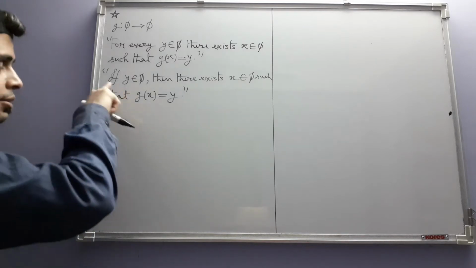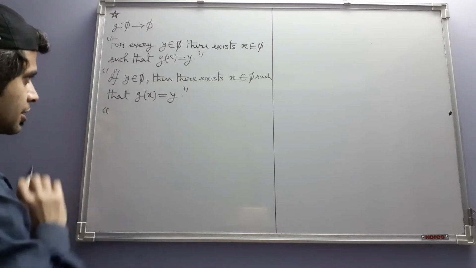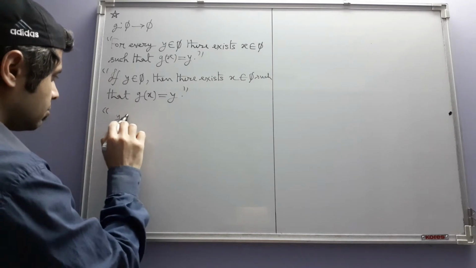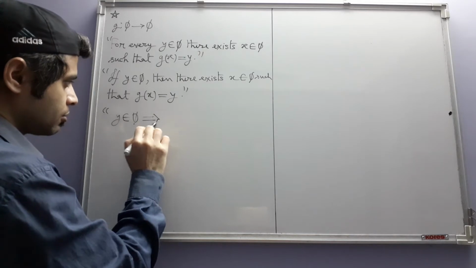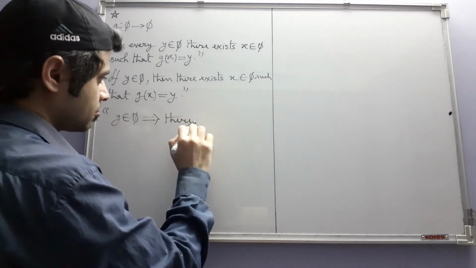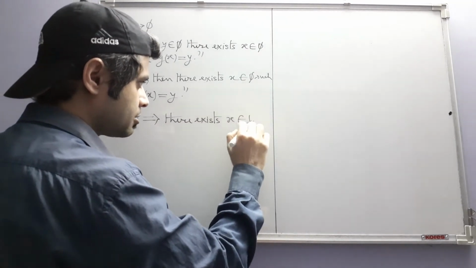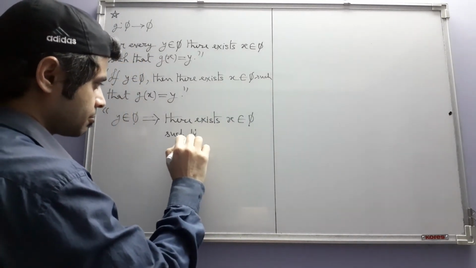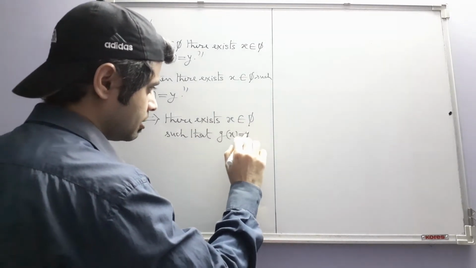And this again, you can see that this is an implication. How this actually can still be rephrased like this: y is an element in the empty set implies there exists an element x in the empty set such that g of x is equal to y.